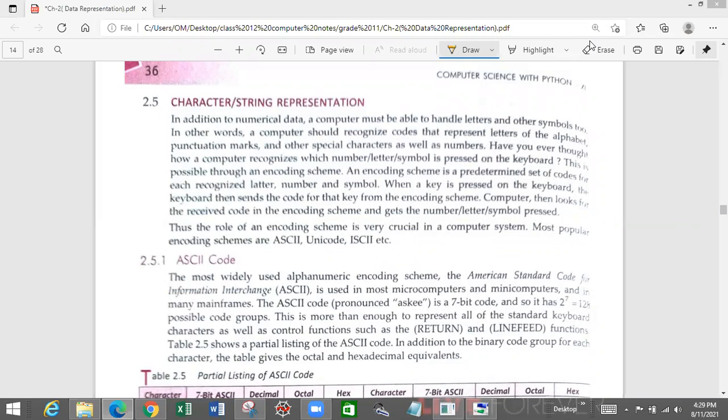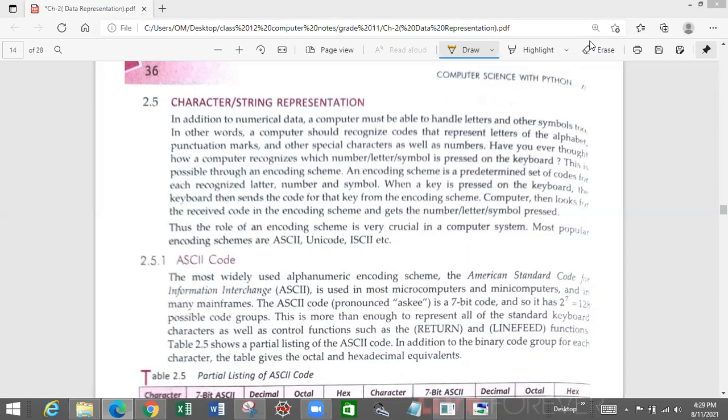A computer must utilize an encoding scheme which is a predetermined set of codes, and there are multiple schemes that we can choose from. So among those schemes, one scheme has to be finalized, and the entire inputting of symbols or values or data has to be done using that scheme itself.